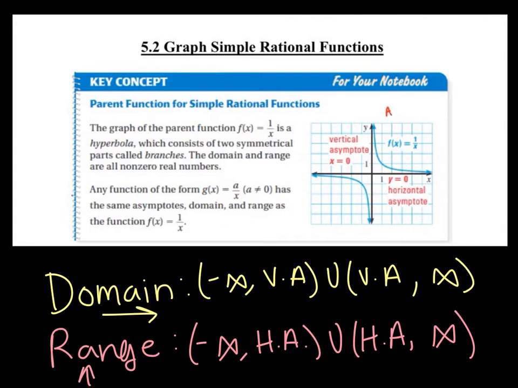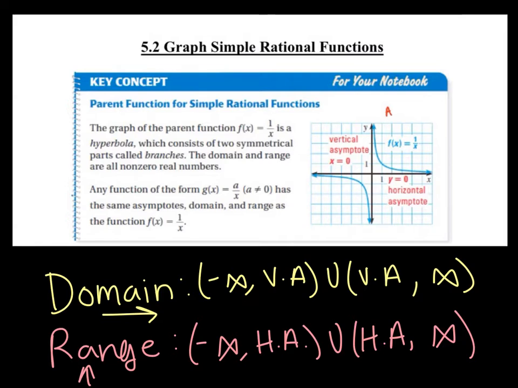So I did sort of give a key box down here, and once we do start adding and subtracting or multiplying things, the domain of these functions, remember domain is from left to right, is going to be from negative to positive infinity, but it's going to skip over that vertical asymptote in the middle. And we said that's where you use the union.